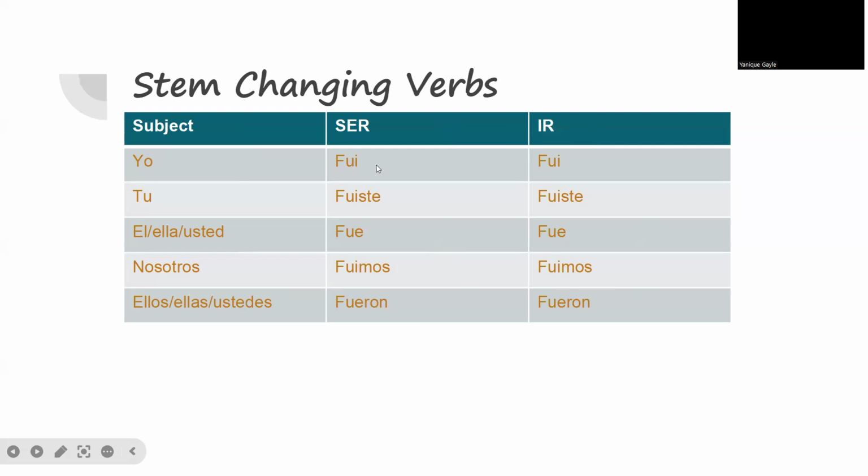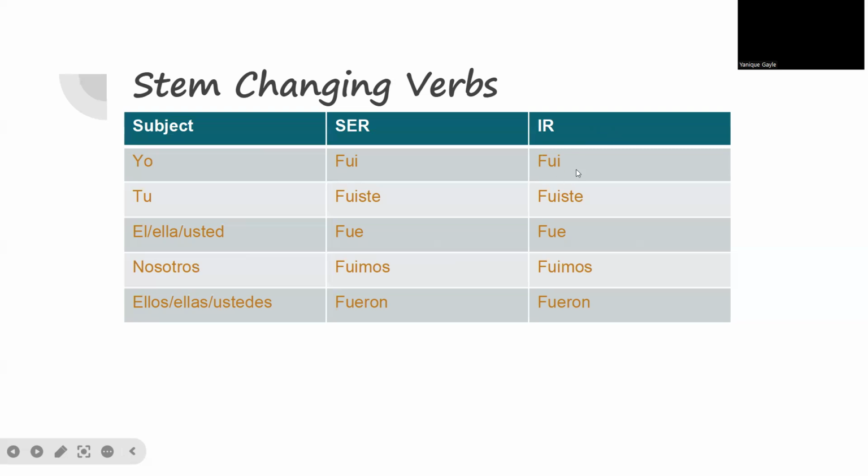So yo fui, tú fuiste, él fue, nosotros fuimos, ellos fueron. And you might be asking, what does this mean? So I was, yo fui. You were, he, she, it was. We were, they were. That's what it means. Ir means to go.